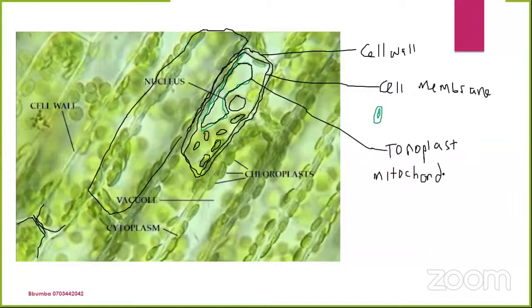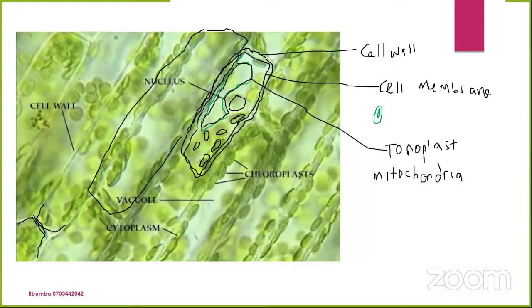But sometimes when you are focusing on this plant cell, the focus was on the chloroplasts. So for you to be able to see the mitochondria well, you must change the focusing. Here we are not in the picture, but they must be there.